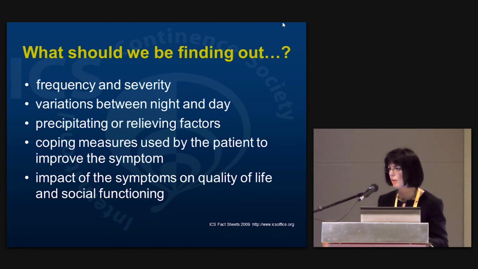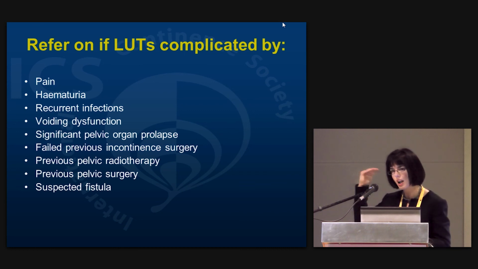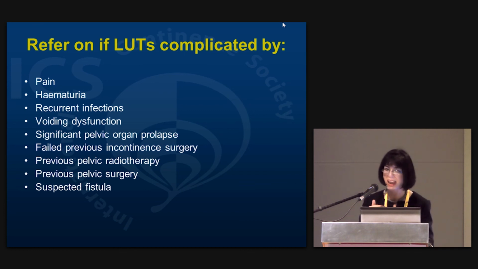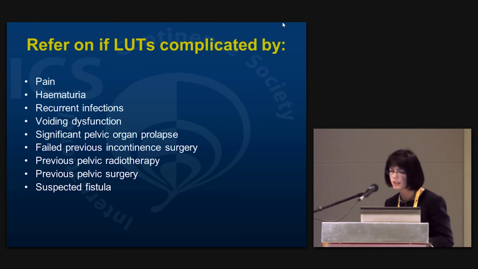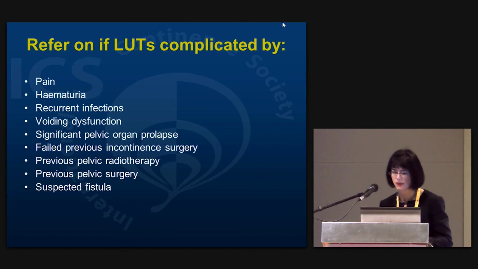And I use that a lot in terms of quality of life, but also symptom severity. It helps to really hone the treatment that we want to do. In terms of referring on, we should have a high suspicion level for things like pain, blood in the urine, recurrent infections, voiding difficulty, significant pelvic organ prolapse, and so on.